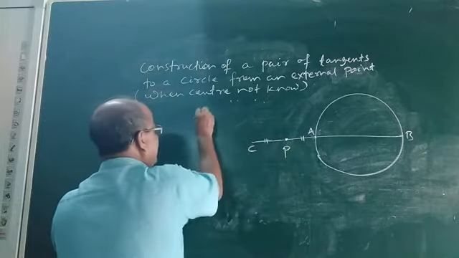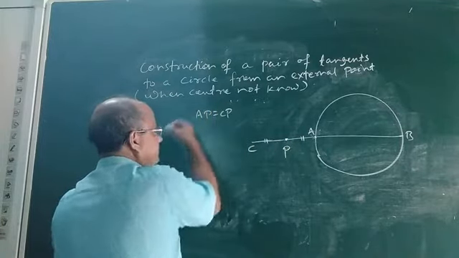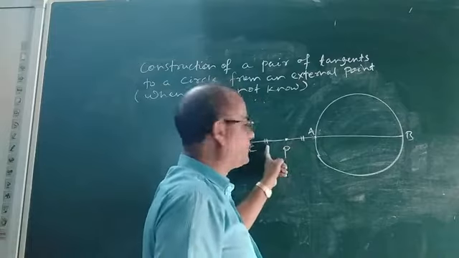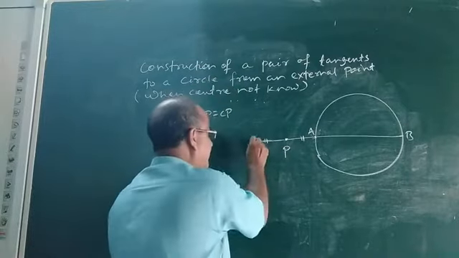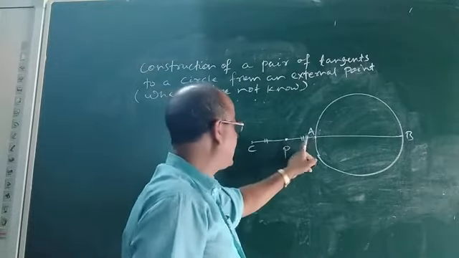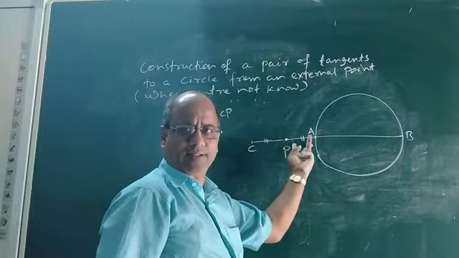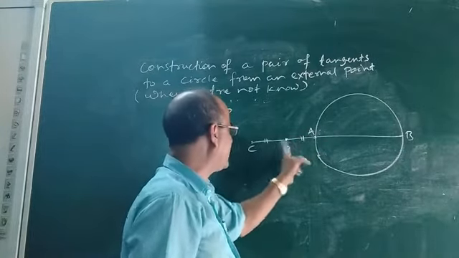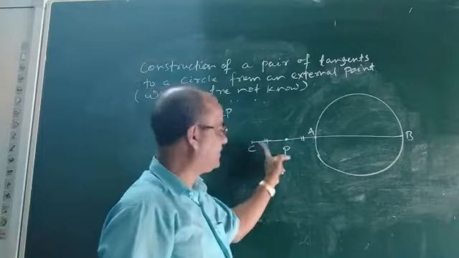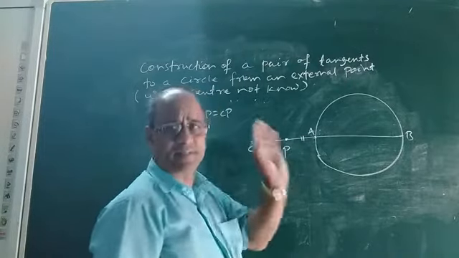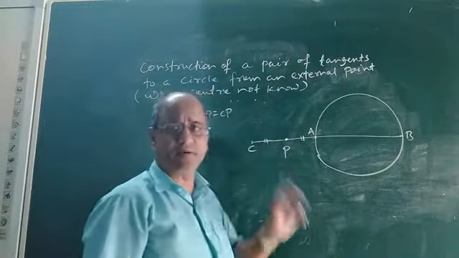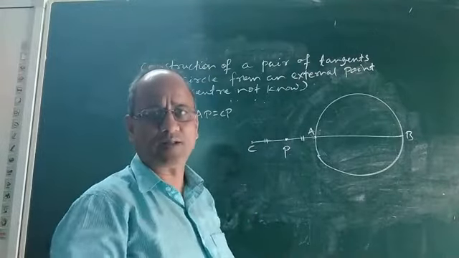That means AP will be equal to CP. This is point C. Because you already know the length of AP, produce AP up to C such that AP and PC are of the same length. That is, P becomes the midpoint of AC.